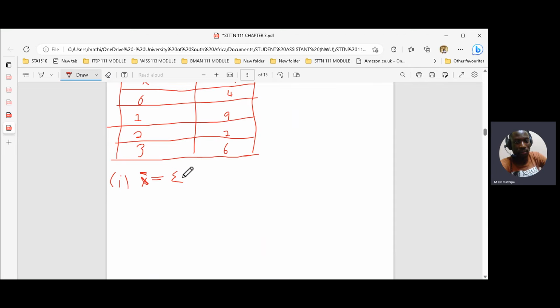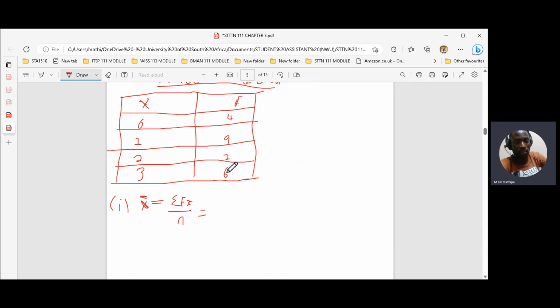The summation of the frequency multiplied by x, then divide by n, which is equal to, when we check here, f is 4, so it's going to be 4 multiplied by 0, plus 9 multiplied by 1, plus 2 multiplied by 2, plus 6 multiplied by 3. Then we divide by n.